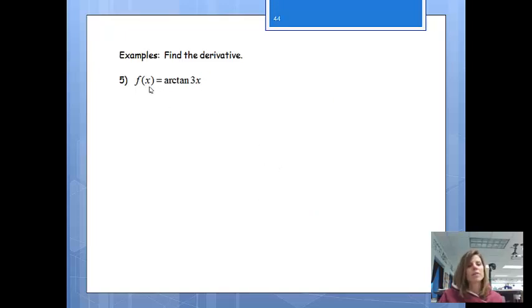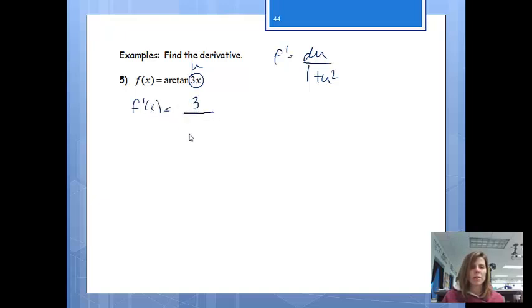All right, f of x is equal to arc tan of 3x. So I know from this one that my derivative is going to be du over 1 plus u squared. I just need to identify my u. So my u is going to be 3x. It's just whatever's next to the arc tan or arc cosine or whatever. So my derivative will equal du, the derivative of 3x is 3, and then over 1 plus u squared.